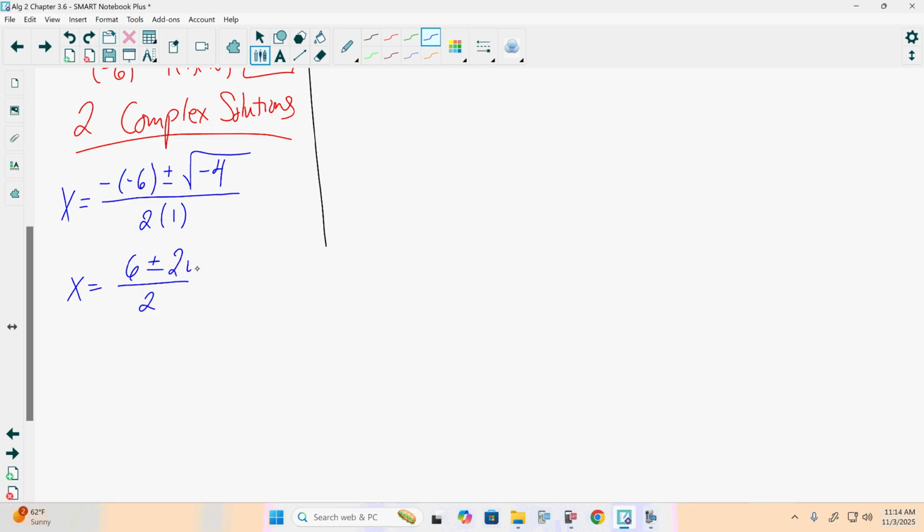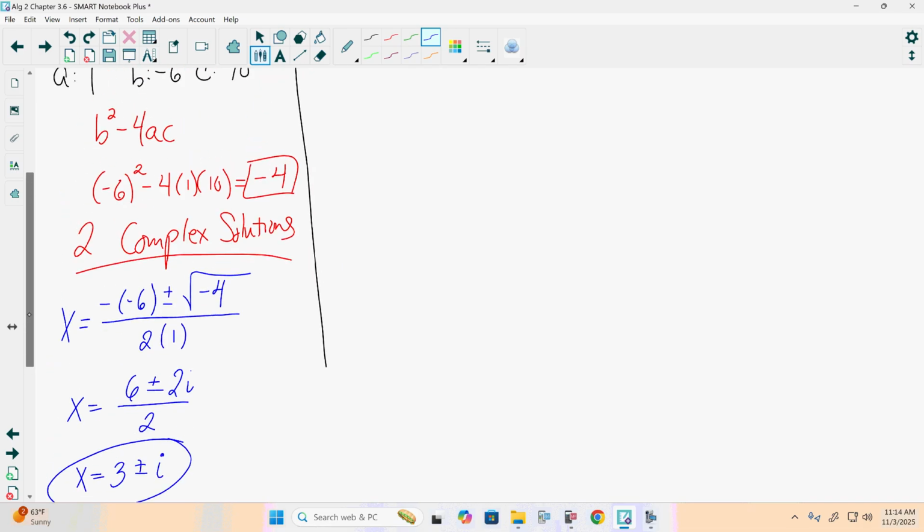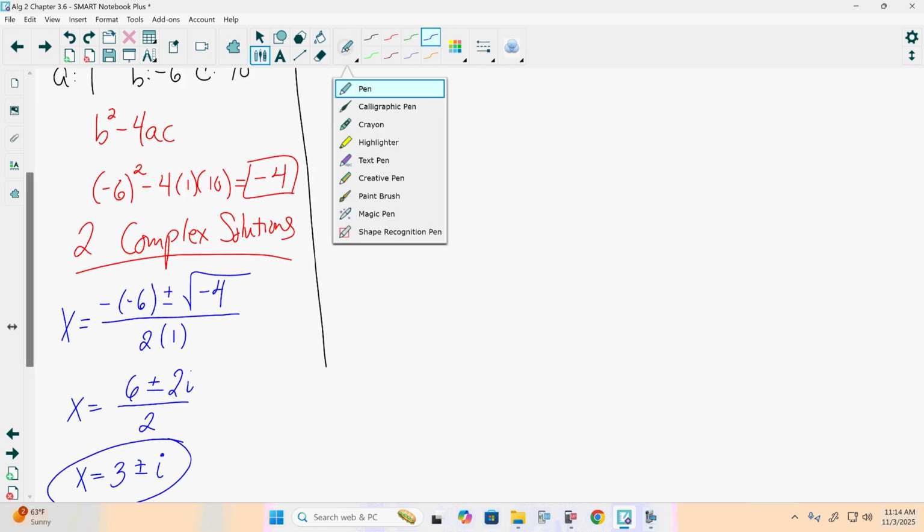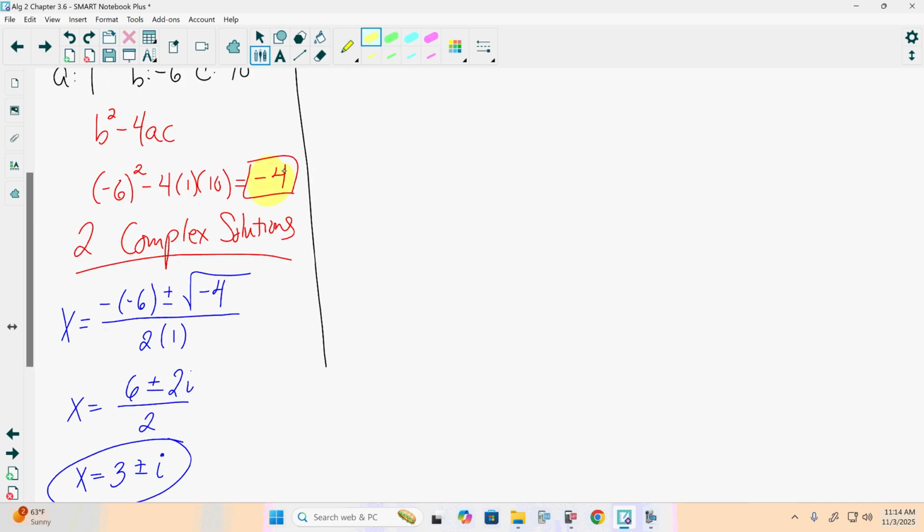The square root of negative 4 is going to be 2i. We can simplify by dividing everything by 2, telling us x is equal to 3 plus or minus 2i. But for this part of the homework, all I'm looking for is the value of the discriminant, number and type of solutions.